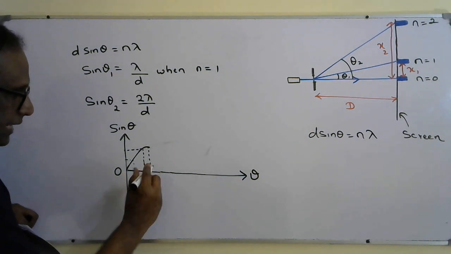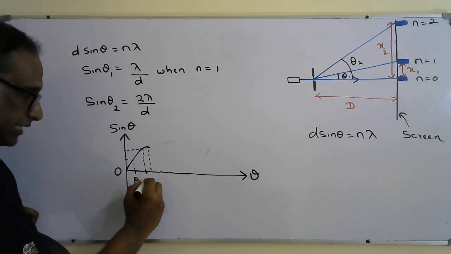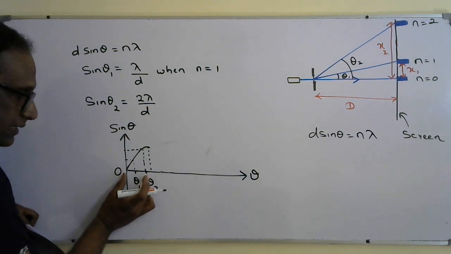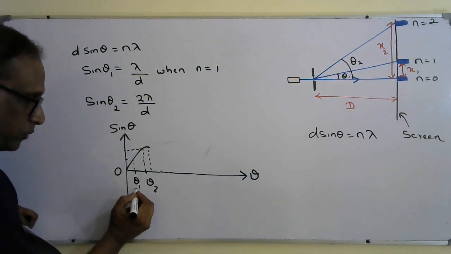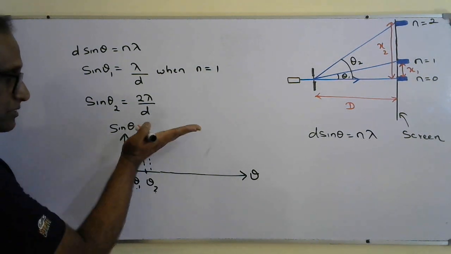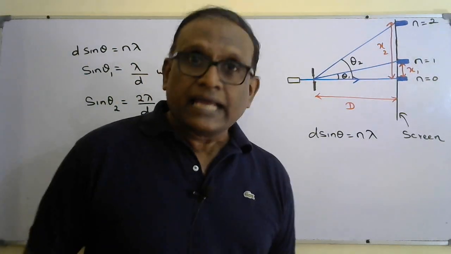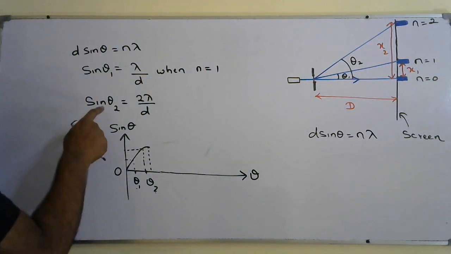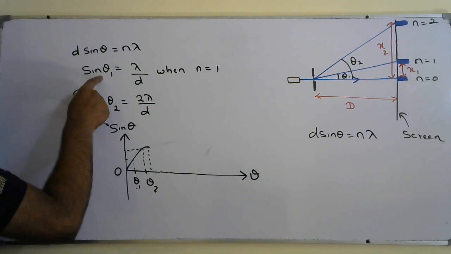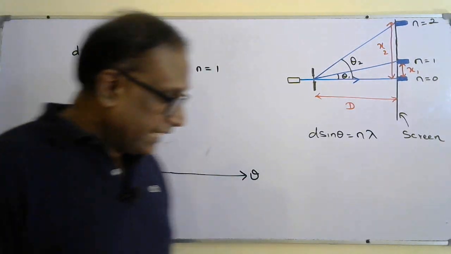You can see that from 0 to theta 2, the gap between theta 2 minus theta 1 is more than theta 1, because the graph is bending in this direction. That's the reason, the sine shape of the graph. So the angle theta 2 will not be double theta 1, it will be more than double theta 1.